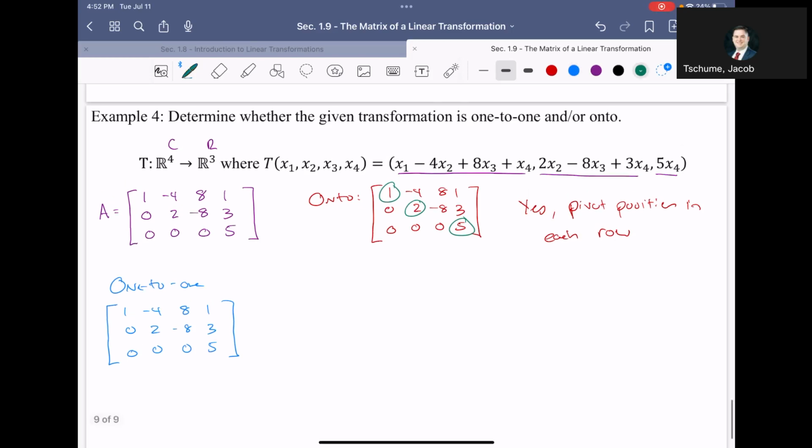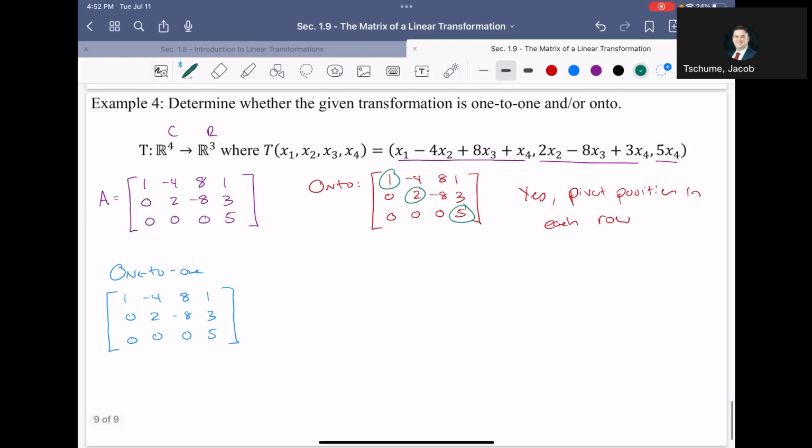In this case, each of these columns represents a vector. So you've got 1, 2, 3, you've got 4 vectors. Each of the vectors has 3 entries. If you look back at the very end of section 1.7, if the number of vectors is greater than the number of entries, this immediately means that your columns are linearly dependent.